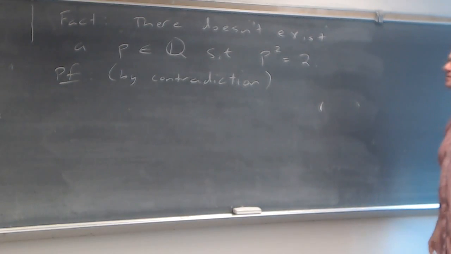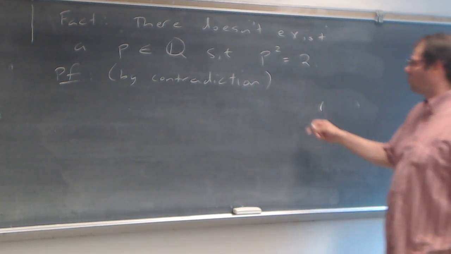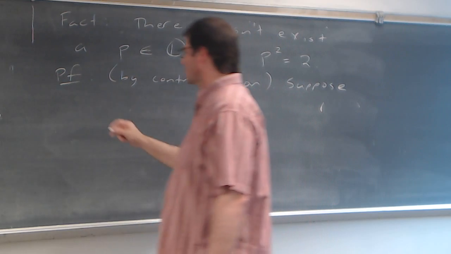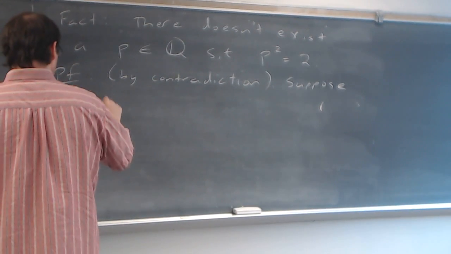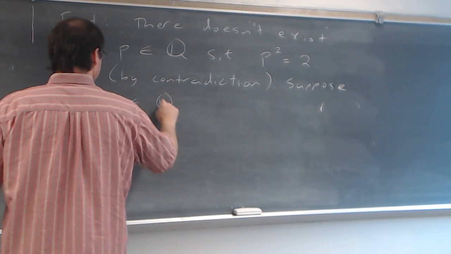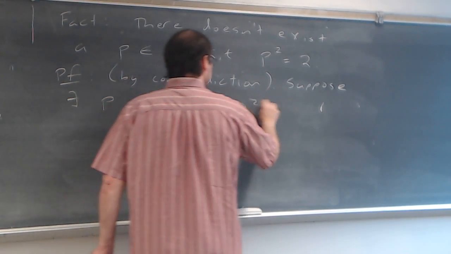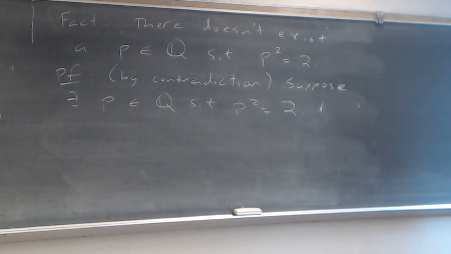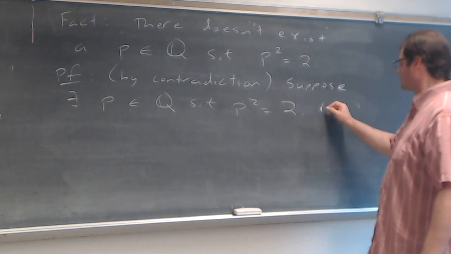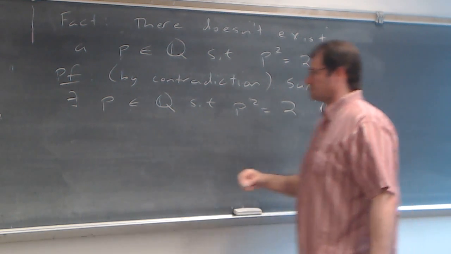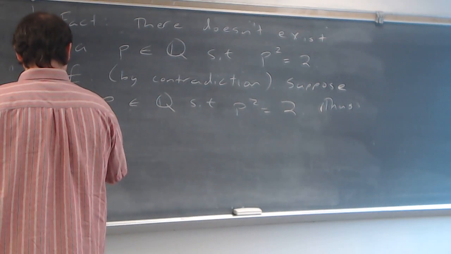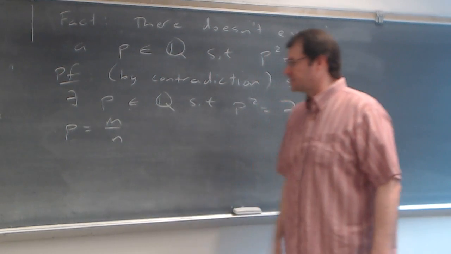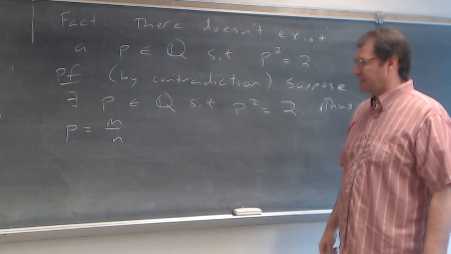Suppose there existed a p, an element of Q, such that p squared equals 2. Okay, well, since p is in Q, that would mean, thus, p equals m over n, where both of these would be integers, and n is not 0.